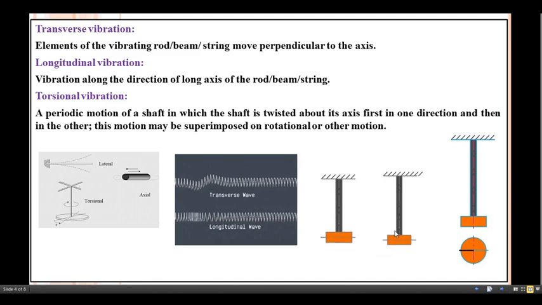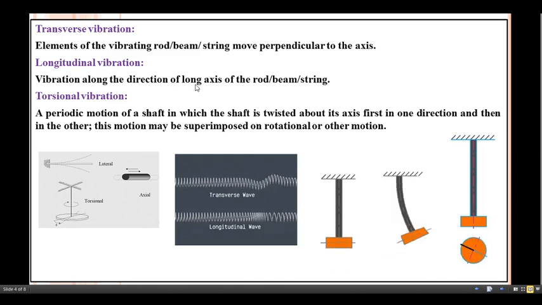All the particles approximately move perpendicular to the axis. The same case is here: see the transverse wave. The motion takes place in upward and downward directions. This is the case of transverse vibration. What about the longitudinal vibration?